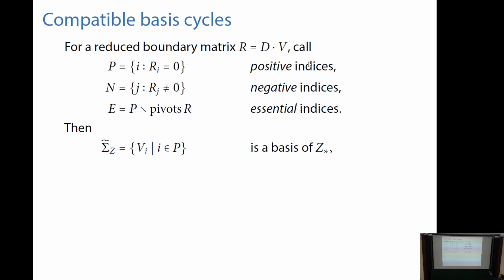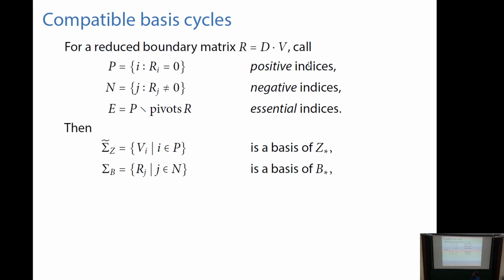And it's straightforward to verify that if I take the columns from my matrix V, the matrix V encoded the coefficients for the reduction, and the positive ones, well, if I apply the boundary matrix, I get something empty, so they're clearly cycles, and indeed they form a basis for the cycles.